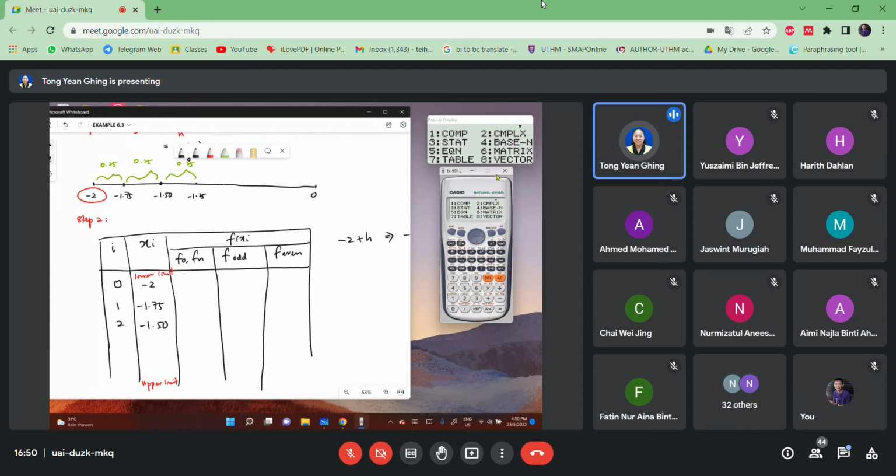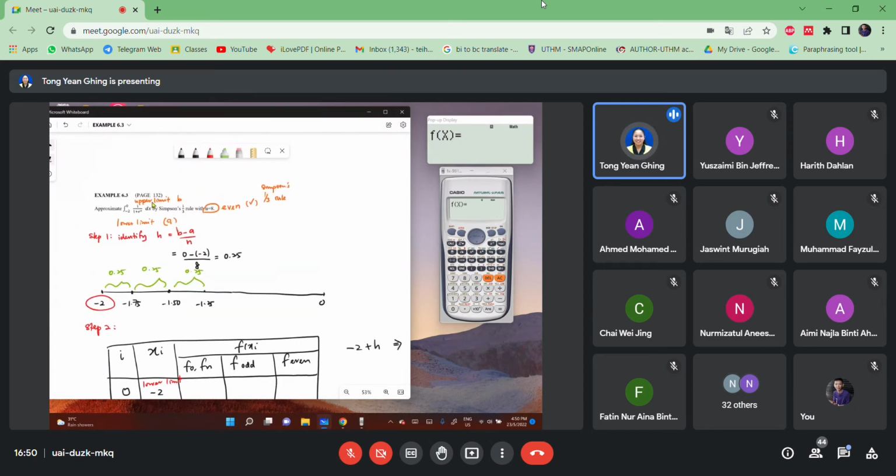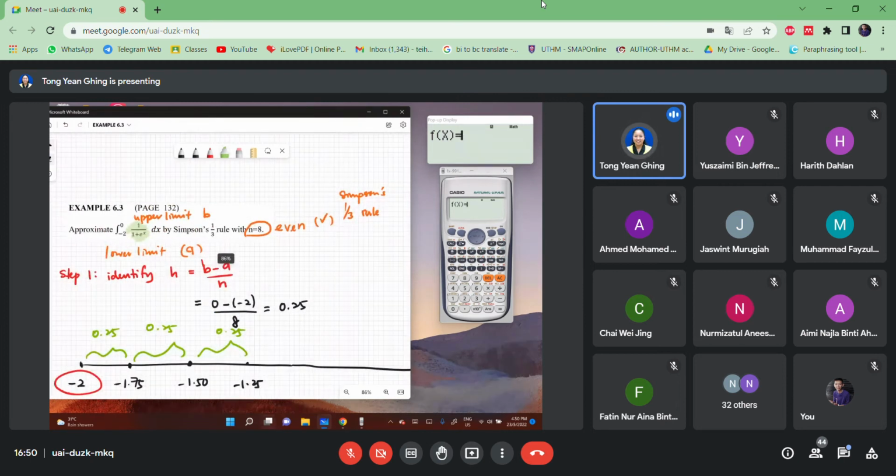It asks what fx is, so you have to key in this formula: 1 over 1 plus e to the power of x. I press shift, ln for e, and here I put alpha x. Then I press equal.